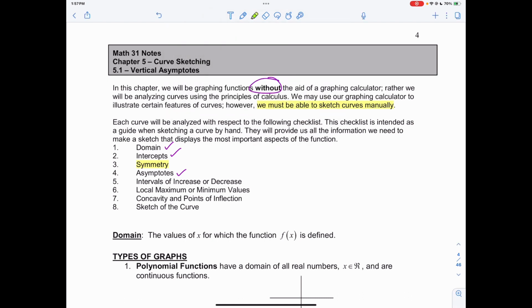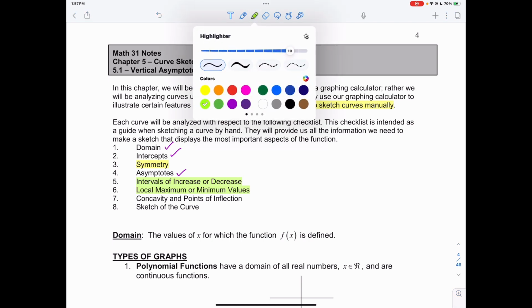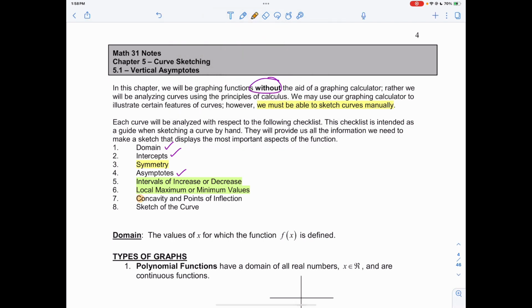The intervals of increase and decrease, and the local maximum or minimum values we talked about in the last chapter, in chapter 4. And the concavity and points of inflection, as well as doing the proper curve sketching, are things that we're building up towards within this chapter.